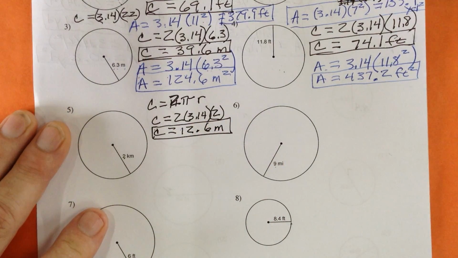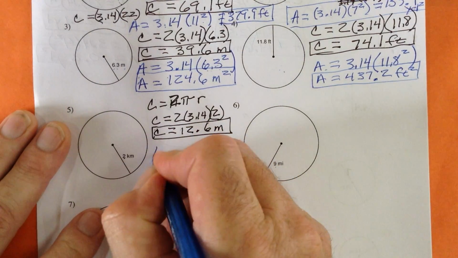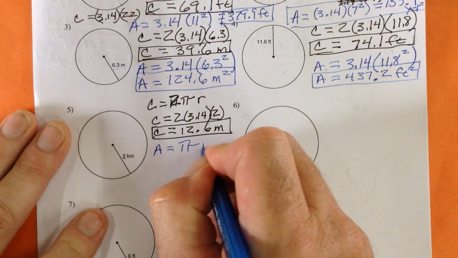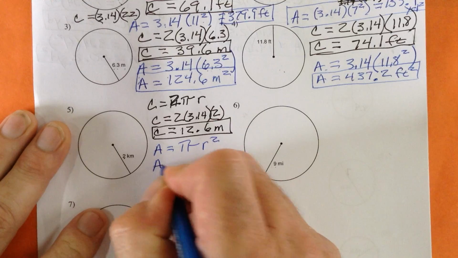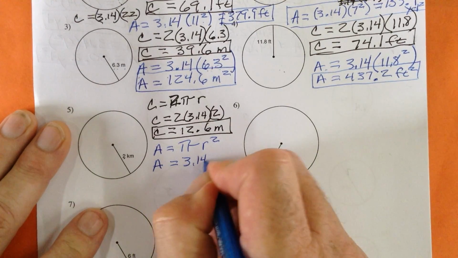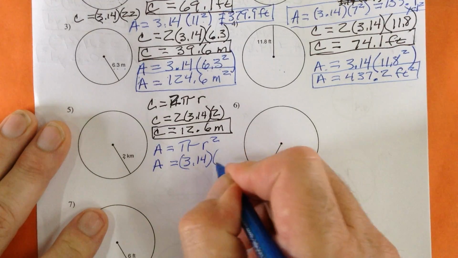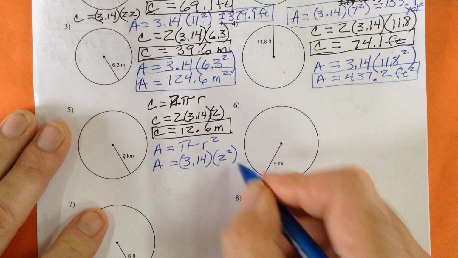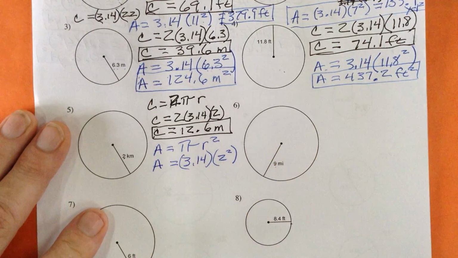And then the area is pi r squared, so the area is 3.14 times the radius, 2 to the second power, so actually 2 times 2 would be 4.